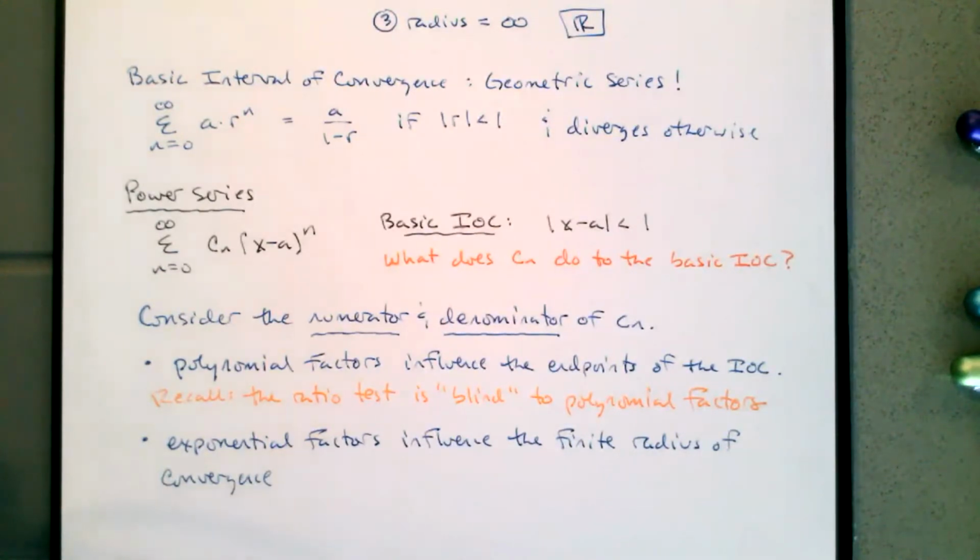So exponential factors are what's going to adjust your finite radius of convergence. Polynomial factors are going to tell us what's going on at the endpoints.